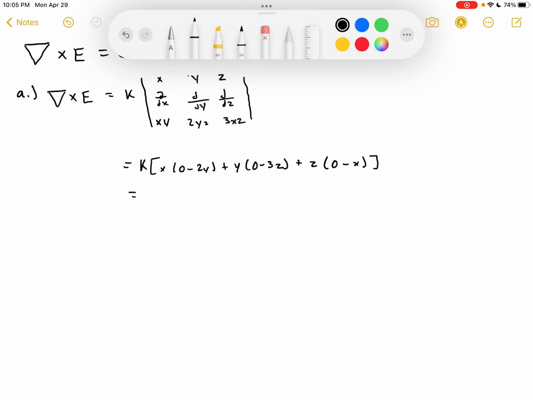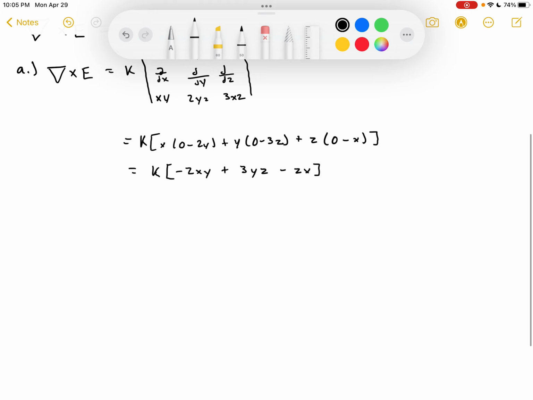That equals K, once you do the multiplication, minus 2xy plus 3yz minus zx. And since that is not equal to zero, this one is impossible.